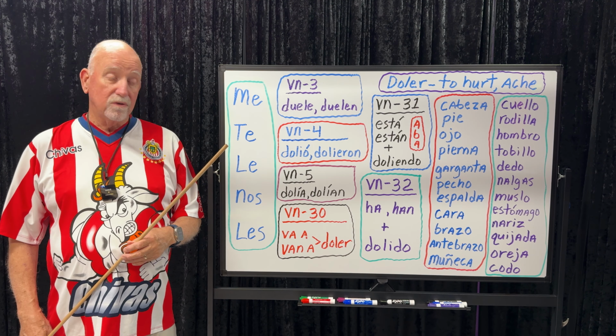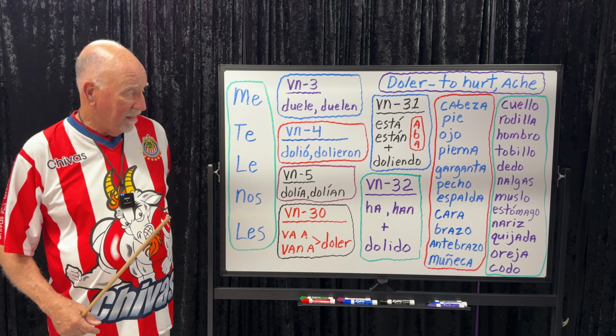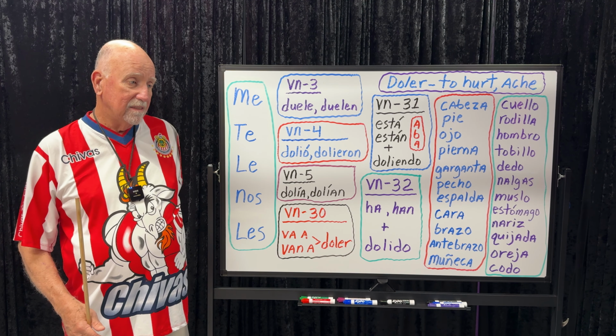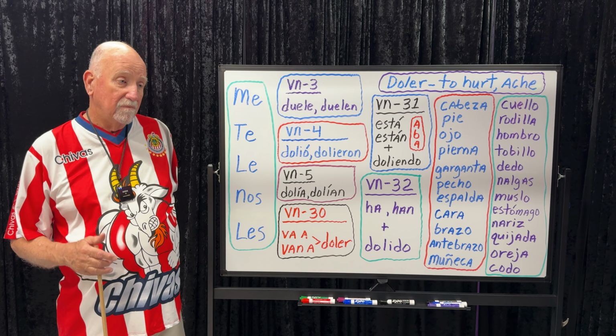His back is hurting, le está doliendo la espalda. And here, my head has ached for a long time. Me ha dolido la cabeza por mucho tiempo. His knees have hurt for a long time. Le han dolido las rodillas por mucho tiempo.